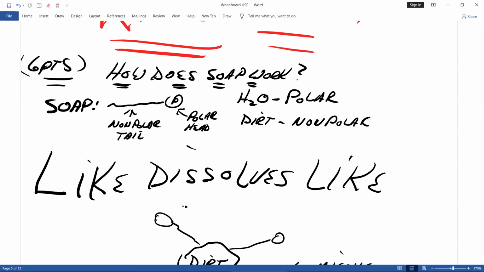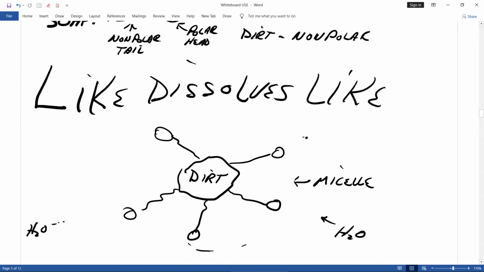You should know that soap has a nonpolar tail and a polar head. And if you have bar soap, it is 16 carbons here and a polar anionic head here with a cation. Soap, nonpolar tail, polar head. You should know water is polar, dirt is nonpolar. The most important thing, how soap works, is like dissolves like.